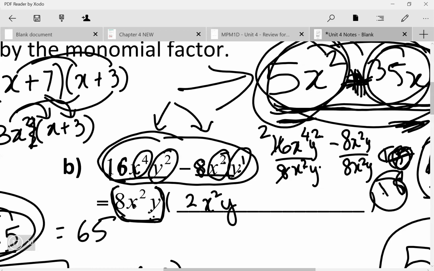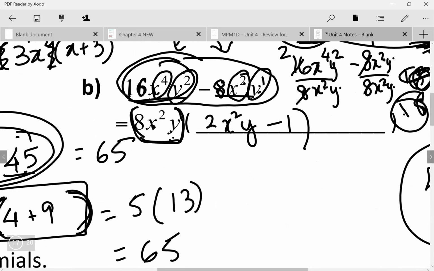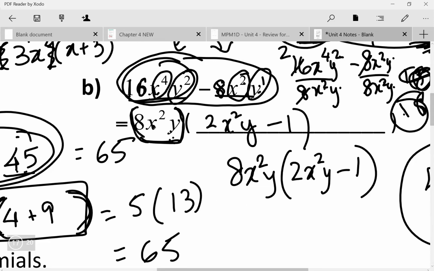That's what happens when I divide this by my greatest common factor. And then here 8 and minus 8 give me negative 1. 2 minus 2 is 0. 1 minus 1 is 0. Anything to the power of 0 is 1. I'm not going to write it. So this becomes my answer. Sorry if that's a bit messy. 8x squared y, 2x squared y minus 1.